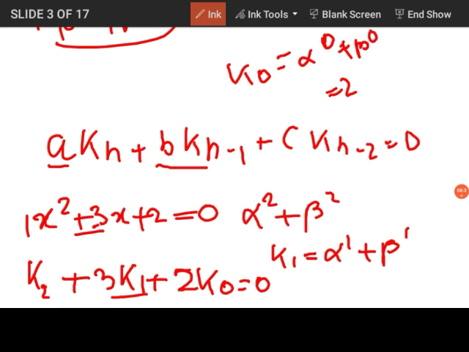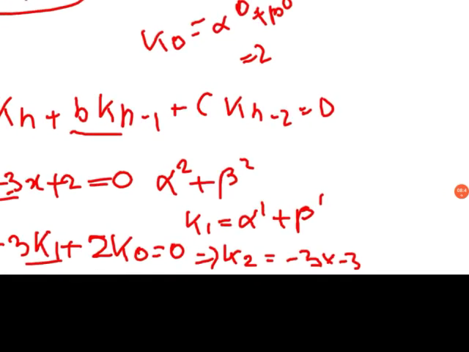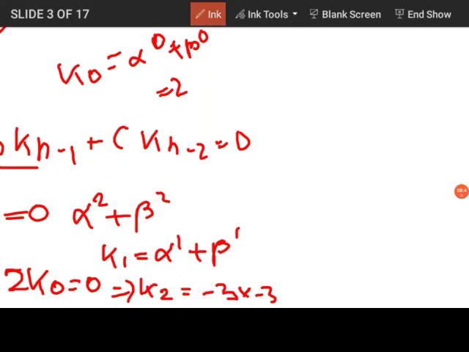So k2 is equal to minus 3 multiplied by k1, and k1 is minus 3, and then minus 2 multiplied by k0, that is also 2, so this will be 9 minus 4, that is 5.